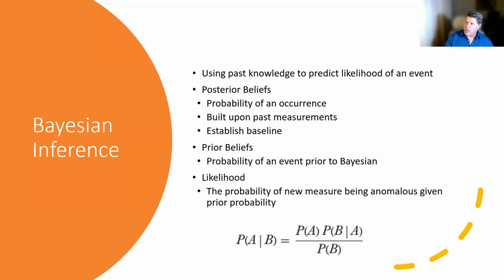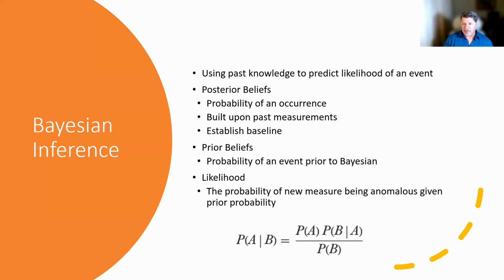In the case of what we are looking at for this session, for performance monitoring and behaviors, we're looking at the measurements that we've collected. We have a database of numbers that we can look at. We use that to establish a baseline. That baseline becomes our posterior belief. Then we have the prior beliefs, which is the probability of an event prior to us actually applying this Bayesian technique to it.